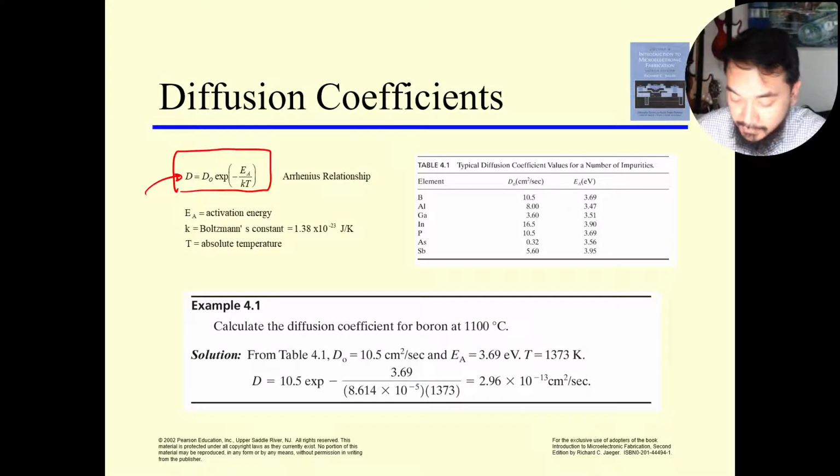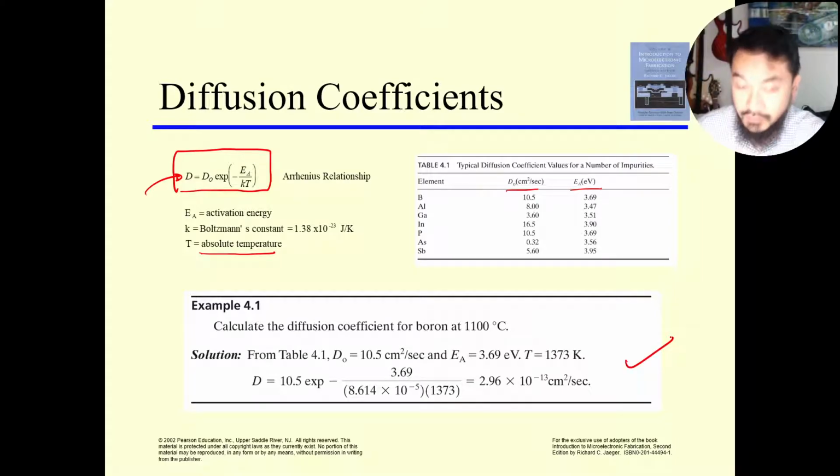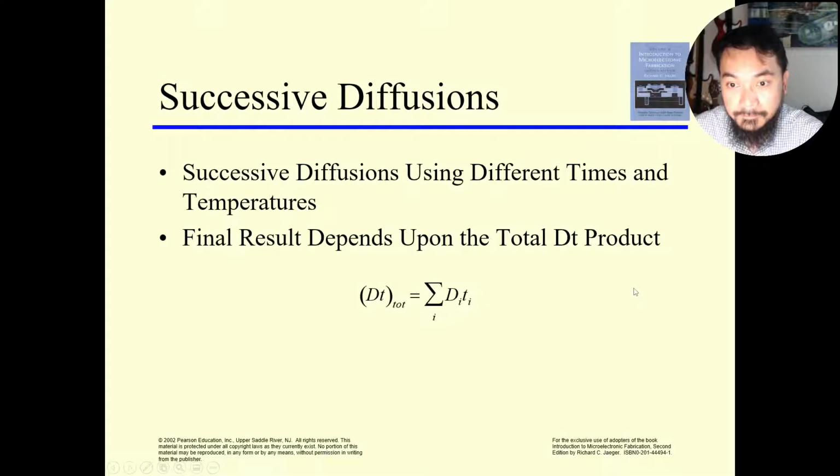As long as the impurity concentration is well below, or slightly below, the intrinsic concentration of your wafer, then you can assume that D is constant, whereby D equals D naught, the diffusion coefficient value, times e to the power of minus the activation energy over kT, where k is the Boltzmann constant and T is the absolute temperature. Remember to convert it to Kelvin. So this is an example of how to calculate it. Very straightforward, something that you have done before.